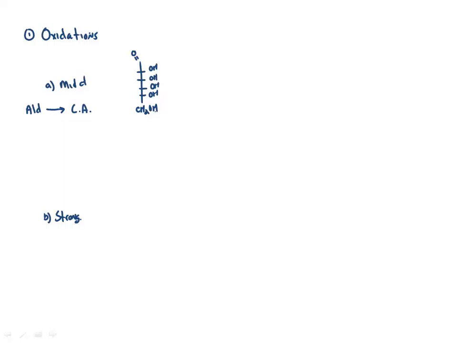So hopefully learning it the second or third time around will be the charm. So if I have strong oxidation, what that means is that I can oxidize my aldehydes to carboxylic acids, and I'm going to oxidize the end alcohol group into a carboxylic acid. So maybe I should put that this is the one on the end, or this is the primary alcohol.